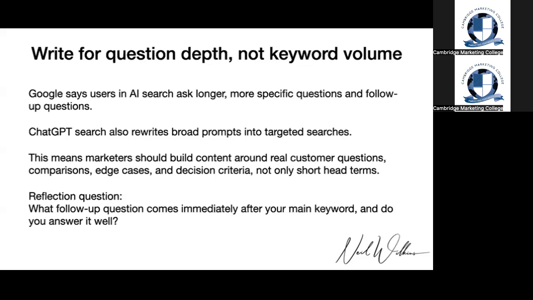And so this means as marketers, we've got to build content around real customer questions, comparisons, what Google calls edge cases, decision criteria, and not only short head terms, which is the opposite to long tail phrases. And I'm going to share with you in just a second what these terms mean, because this is the gold dust. This is where the real value lies in this whole idea of SEO and GEO right now.